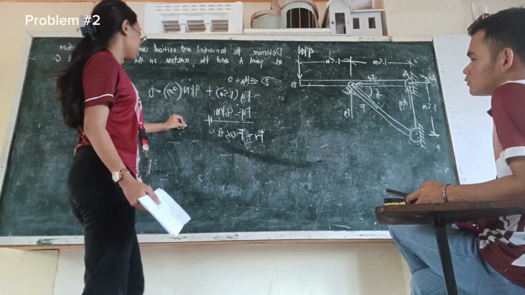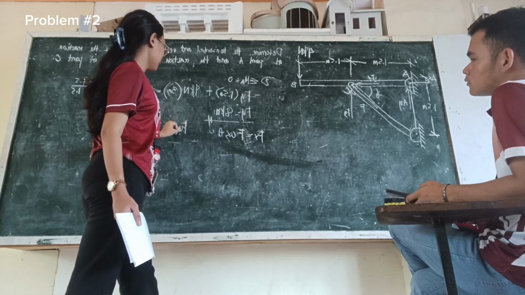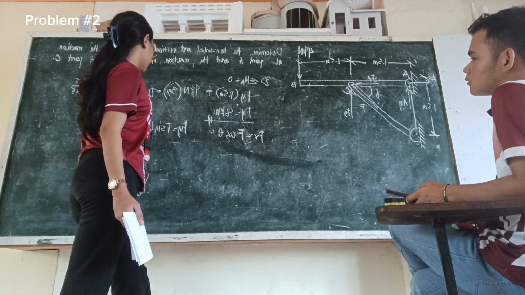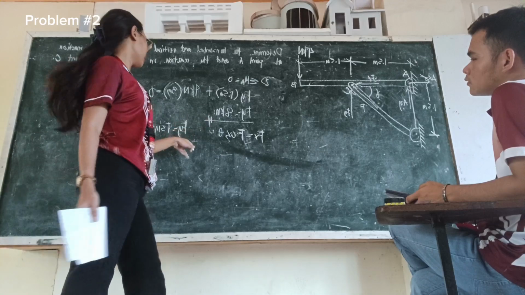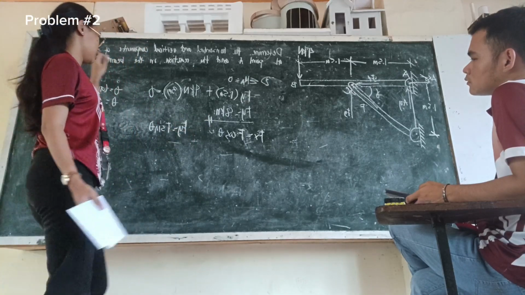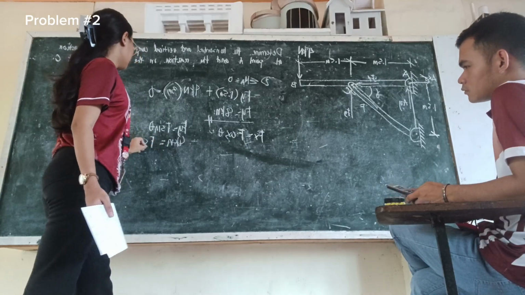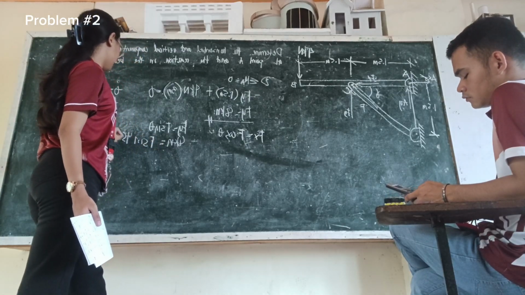First, Fy is equal to F sine theta. Since we have the value of Fy and theta, all we have to do is substitute.